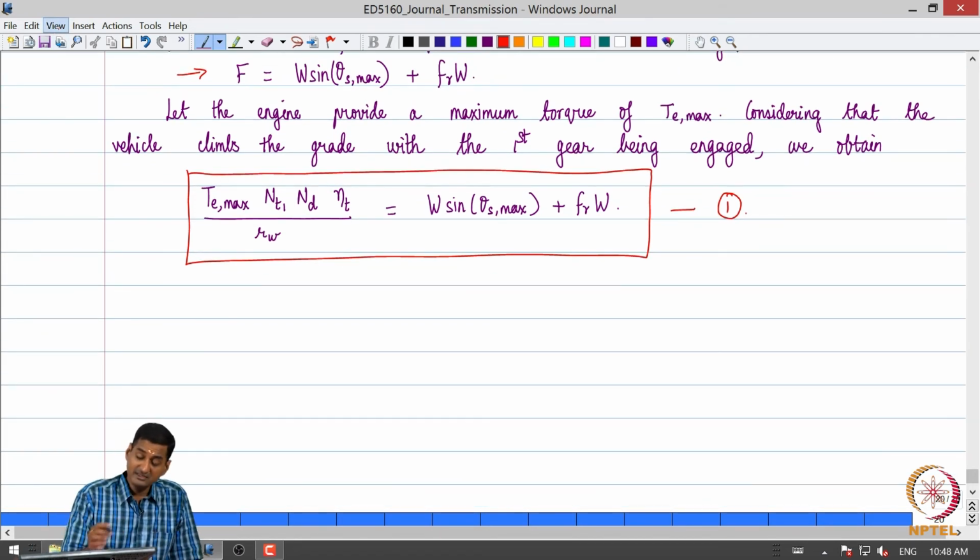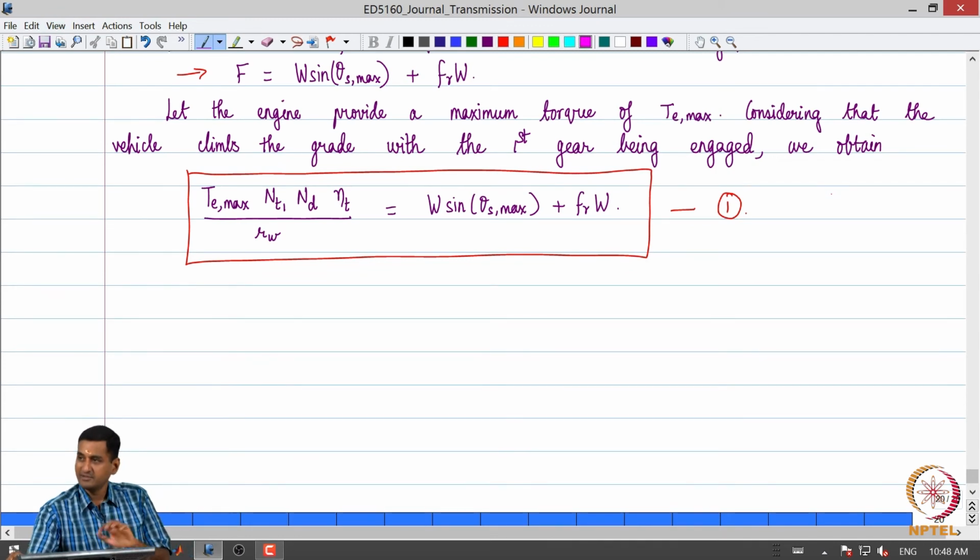Now in this expression, what are all the unknowns here? If you look at this expression, there are two unknowns, because all the parameters on the right hand side would be given to us. T max is known, transmission efficiency and Rw are known.